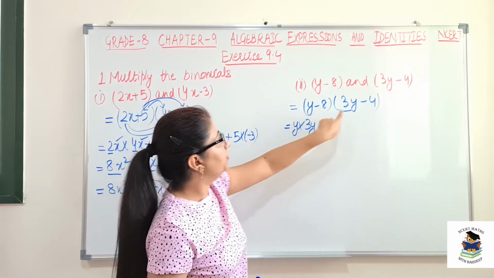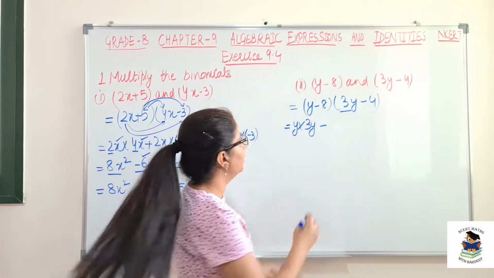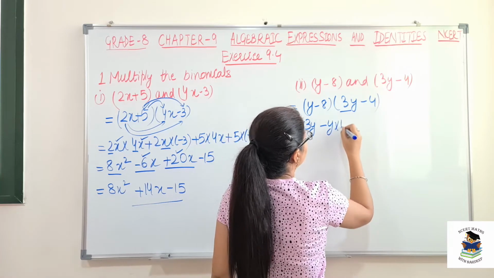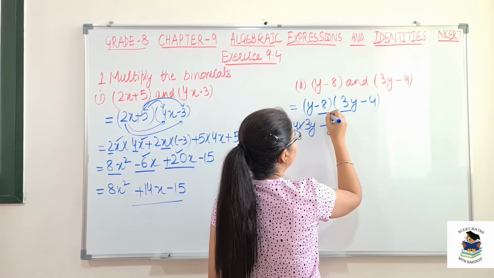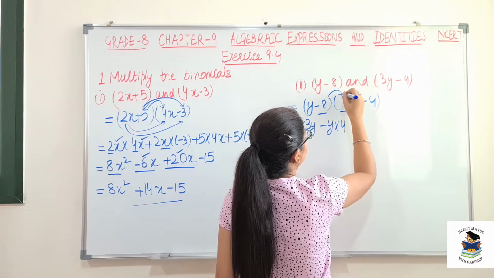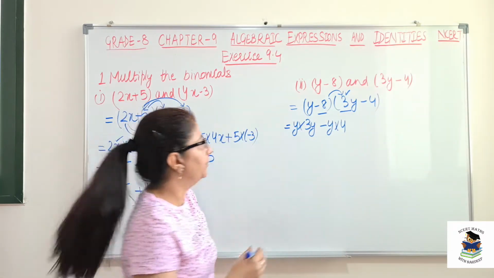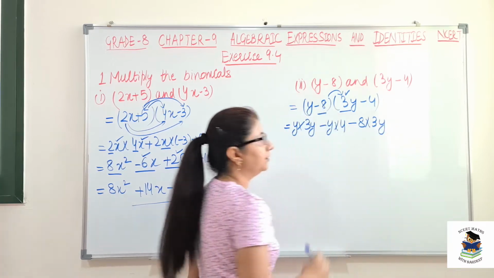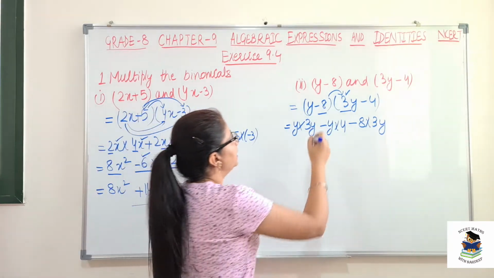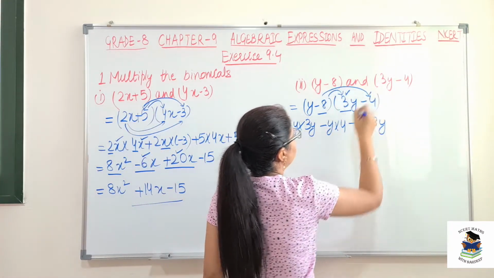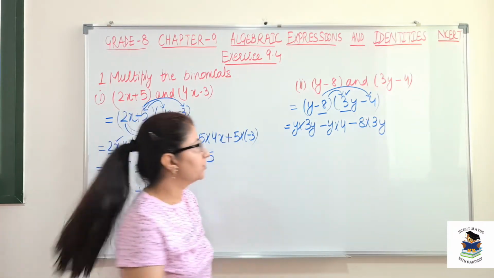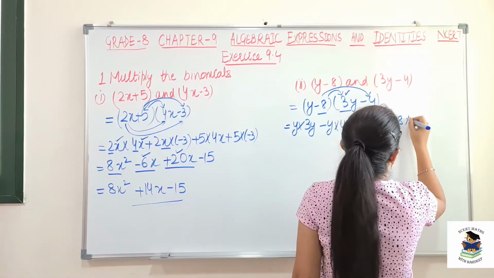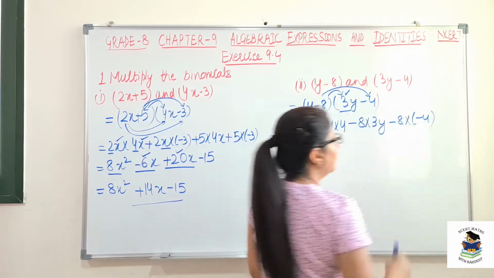Now this y should be multiplied with 4, that is y into 4. Now this minus 8 should be multiplied with 3y, that is minus 8 multiplied by 3y. Next is again this minus 8 multiplied by minus 4.